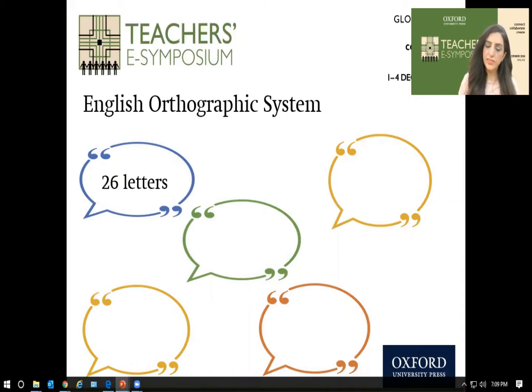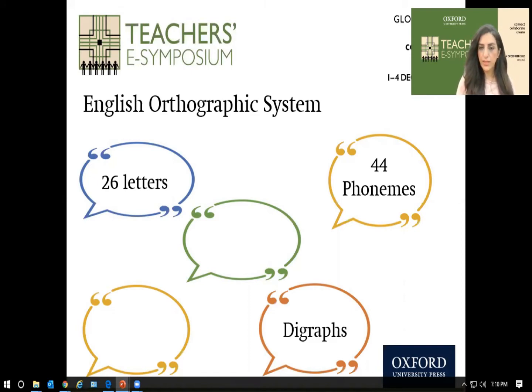So the English orthographic system, or the sound system, the writing system, is incredibly complicated in that it has 26 letters of the alphabet, but 44 sounds and just 26 letters to represent those sounds. So some sounds are consequently represented by 2 letters, and these are called digraphs.